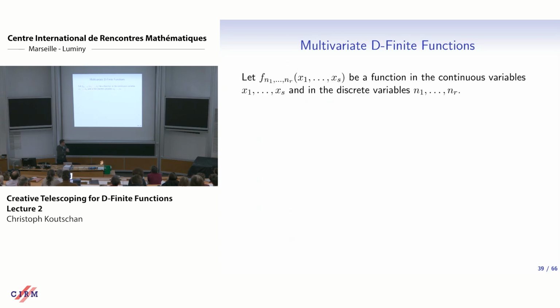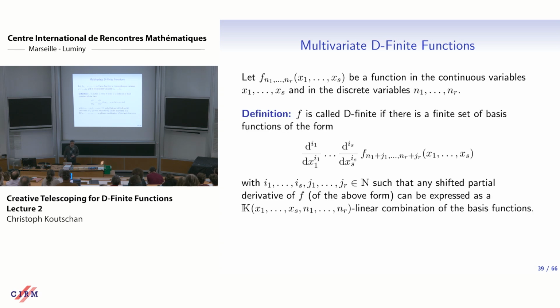Okay, so here's a first attempt at defining D-finiteness in the multivariate setting. So let f be such a function that depends on several discrete variables n1 to nr and some continuous variables x1 up to xs. And then we say this function f is called D-finite if there is a finite set of basis functions.